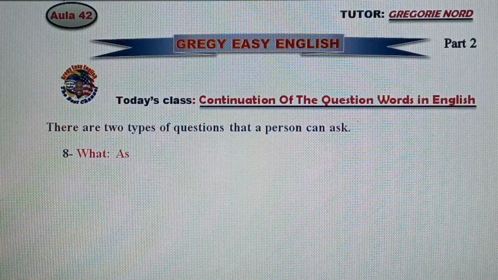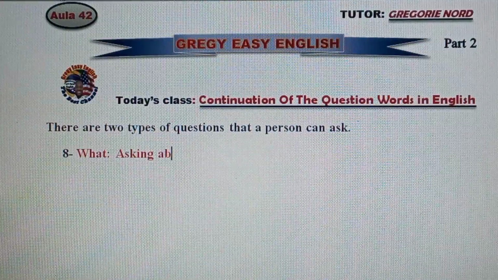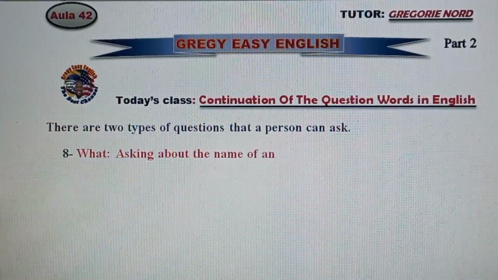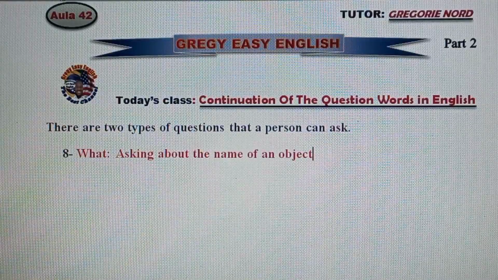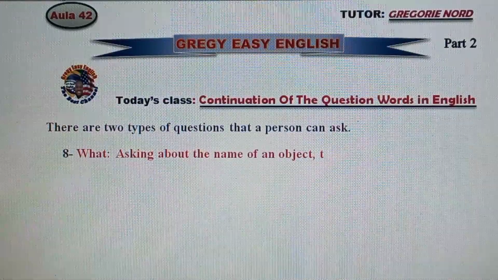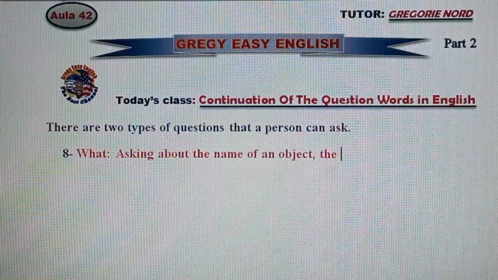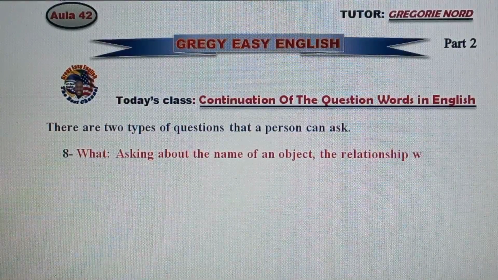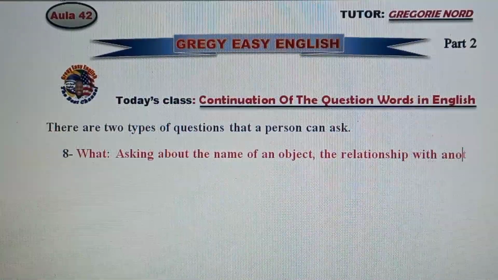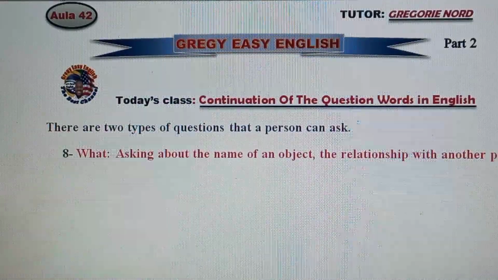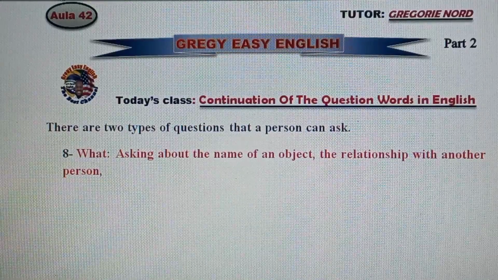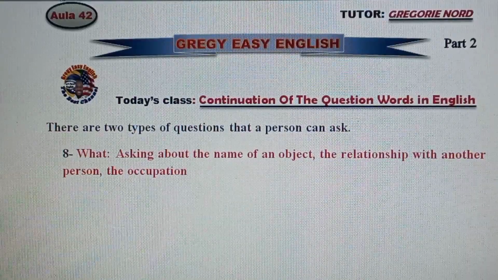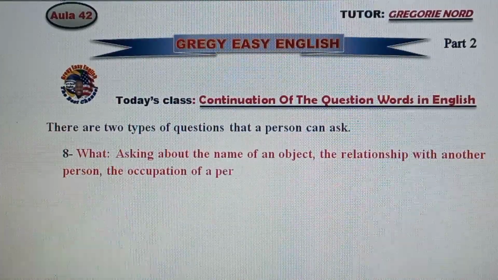What: asking about the name of an object, asking about the relationship with another person, or asking about the occupation of a person.